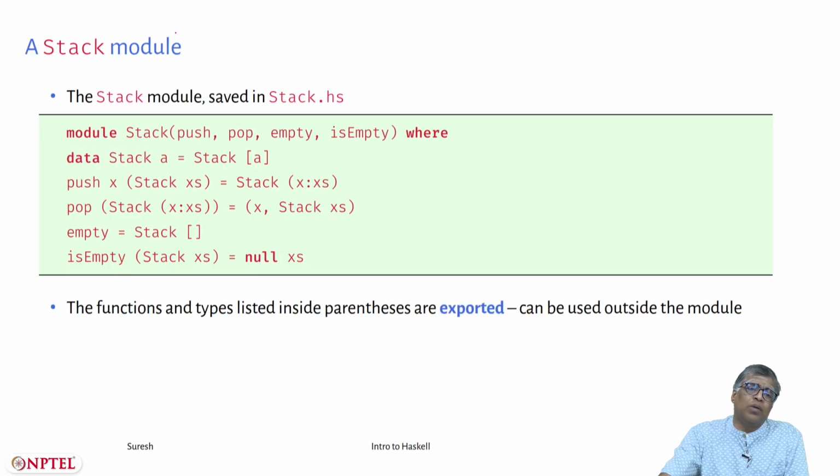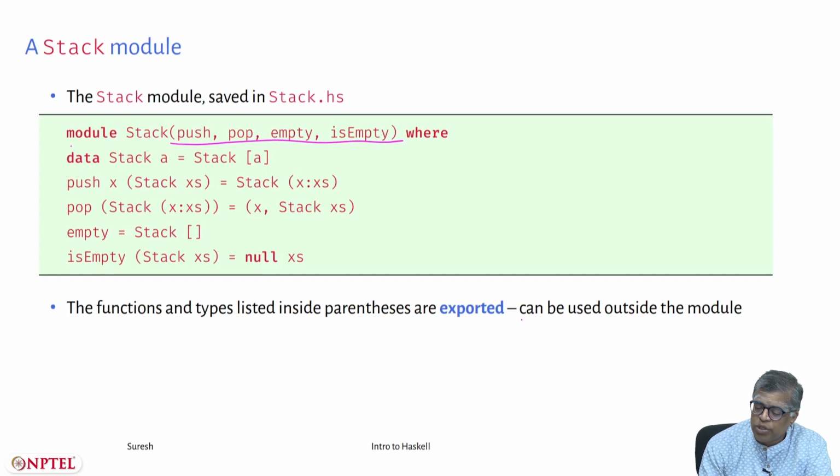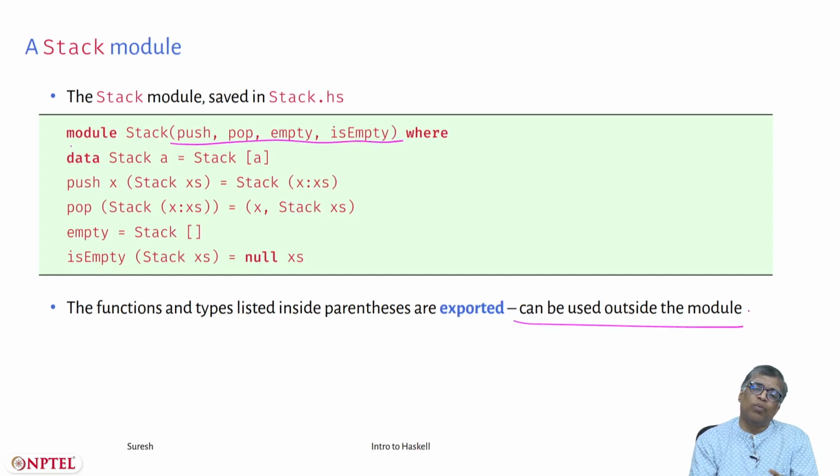So the functions and types listed inside the parentheses are exported. These ones are exported and they can be used outside the module, like we did. If you want to use them outside the module, you have to import and then use them. But if it is not listed here, you cannot import it there.